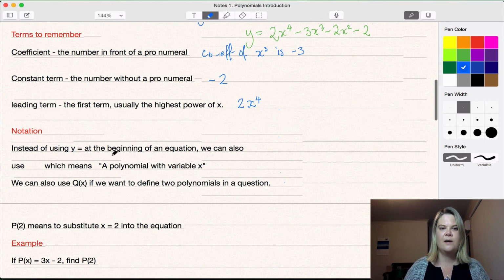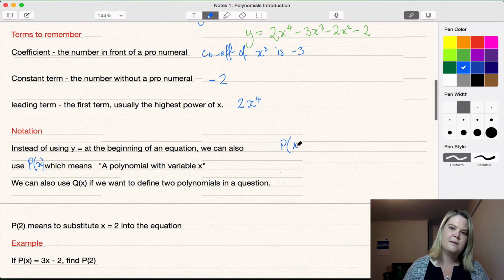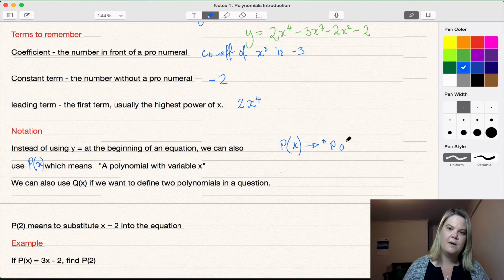Notation. Instead of writing y equals at the start of our equation, we can also use p(x), and we say that as p of x.